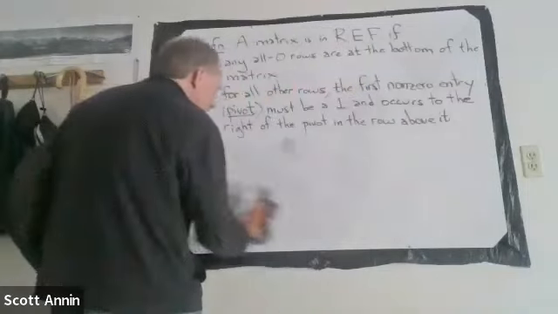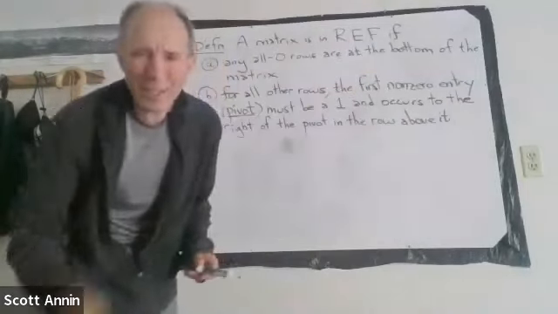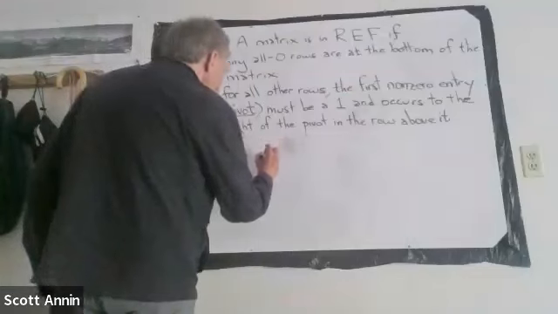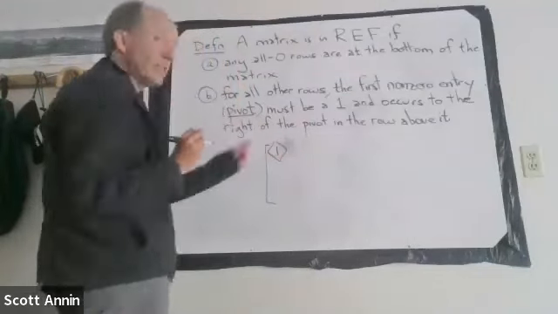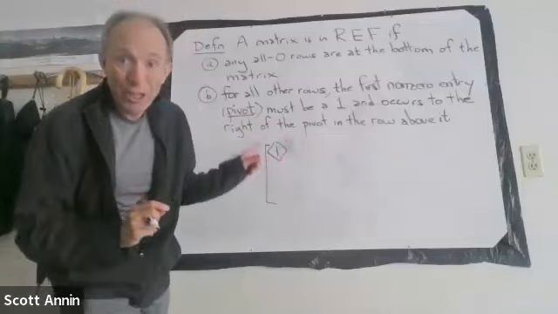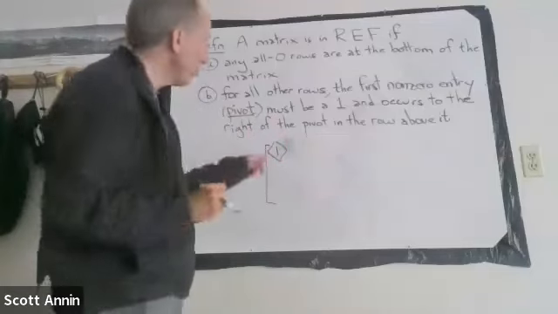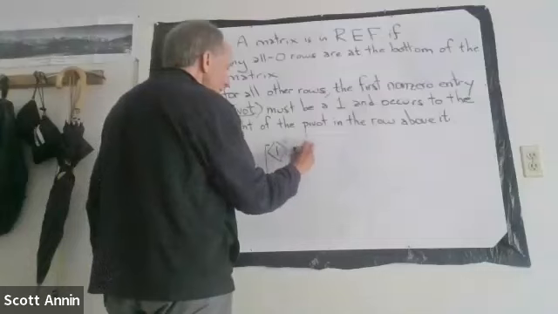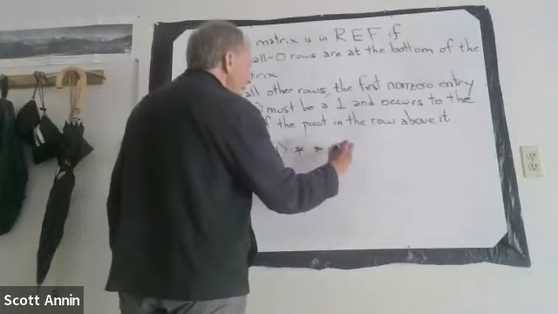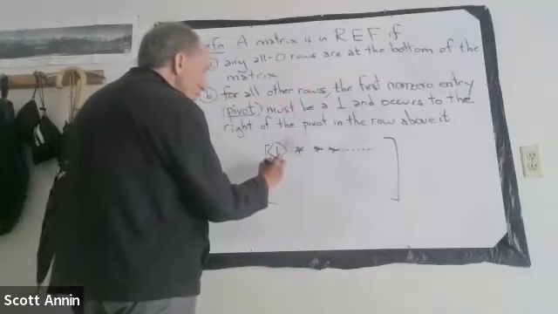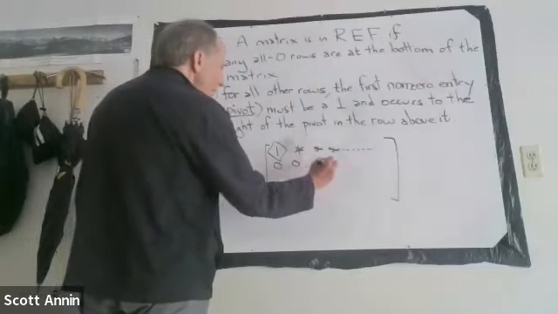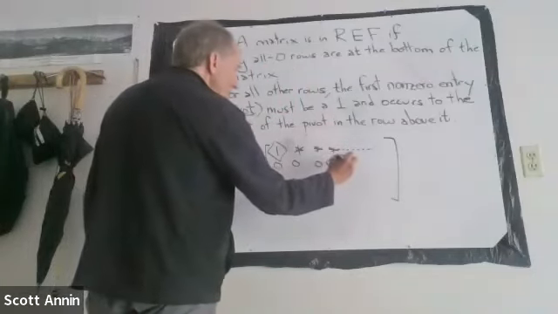Let me just draw kind of a schematic of what this looks like, just so you can visualize it. So, you're going to have a 1, maybe that's a pivot. I like to circle. This is very useful. Circling your pivots or putting diamonds like I'm doing right here. After that 1, it does not matter what the rest of these numbers are. They can be anything. But in the next row, the pivot has to be somewhere further over to the right.